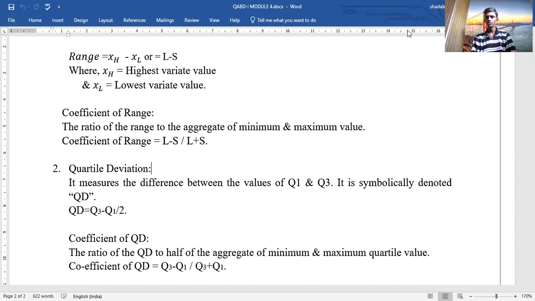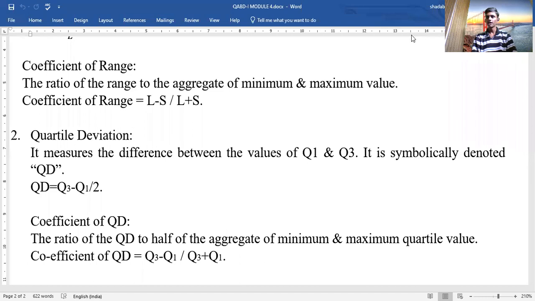As we well know, we calculate measure of dispersion because we want to know the differences, the spread of individual values around a series or set of series. Because of that, we calculate measure of dispersion, and quartile deviation is one of the measures of dispersion.